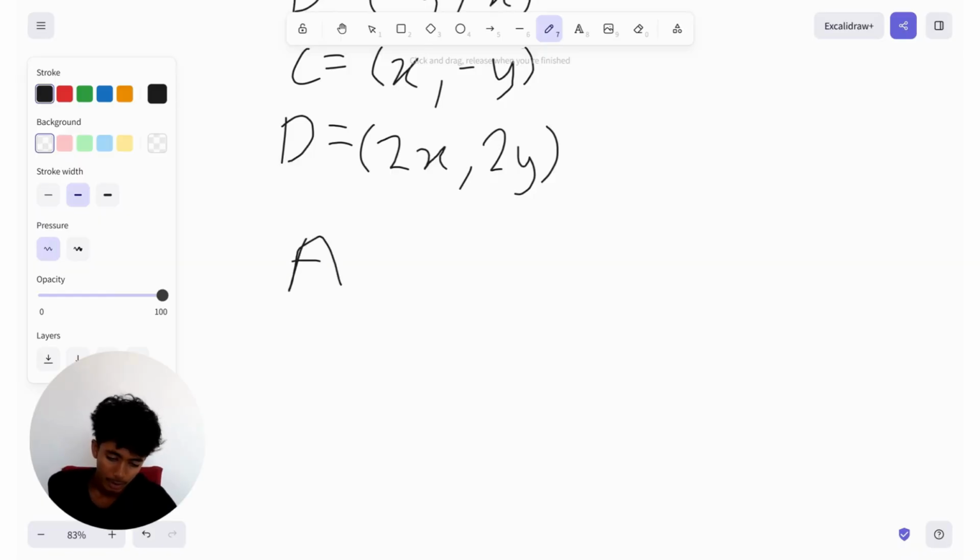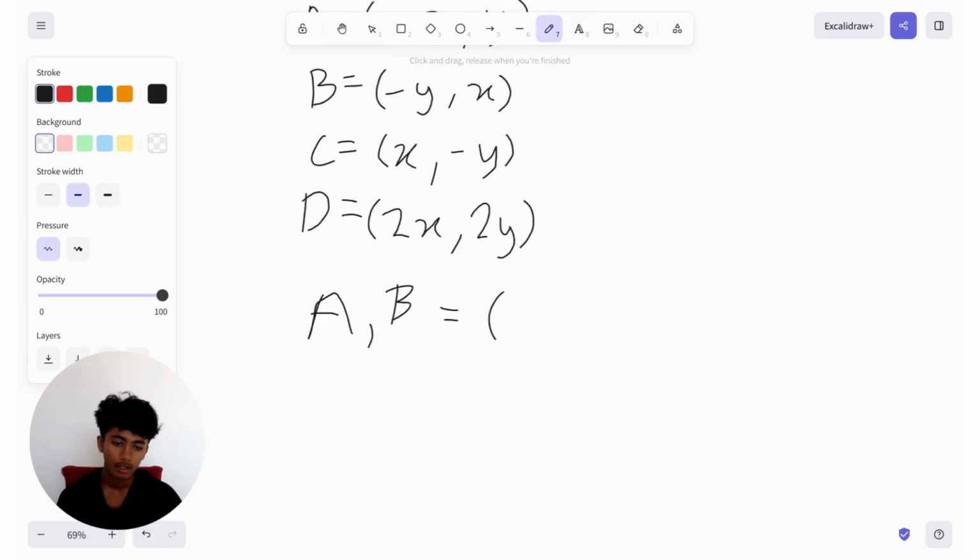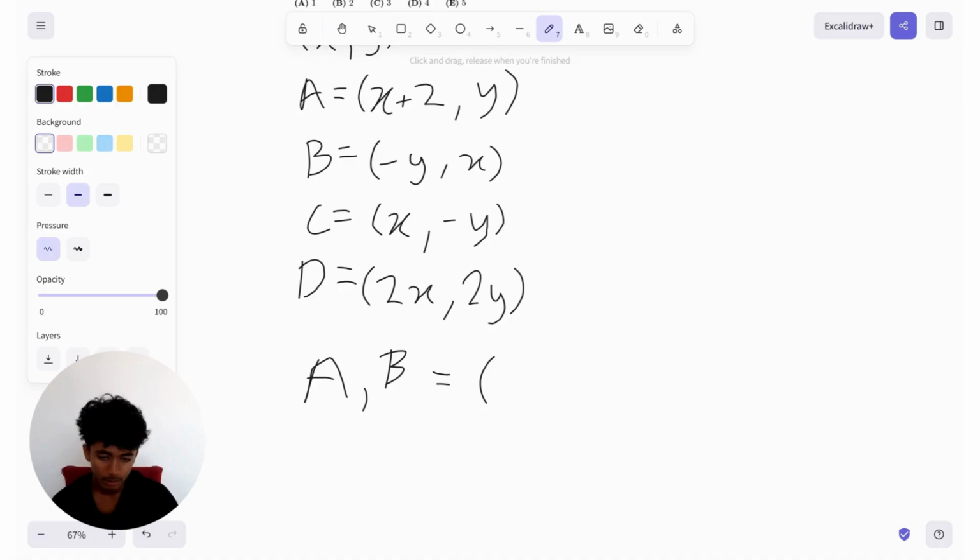So let's first do A and then B. This would become negative y comma x plus 2.